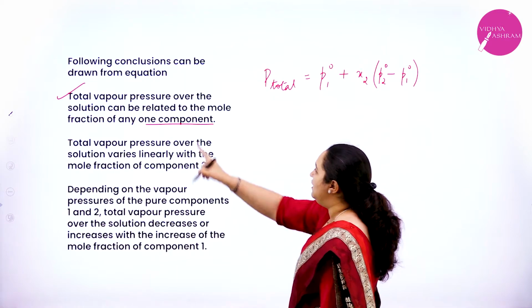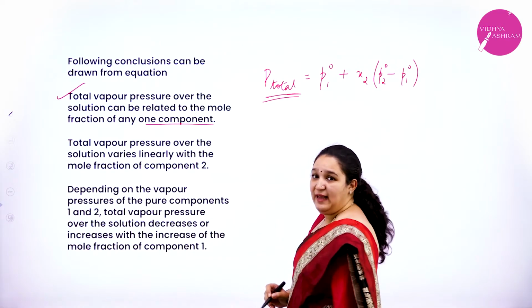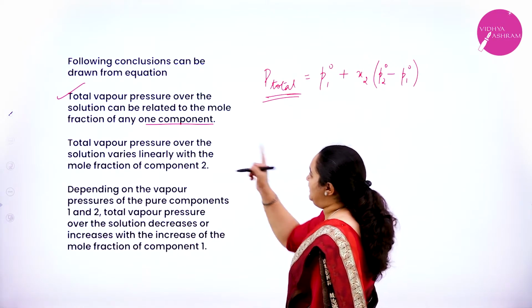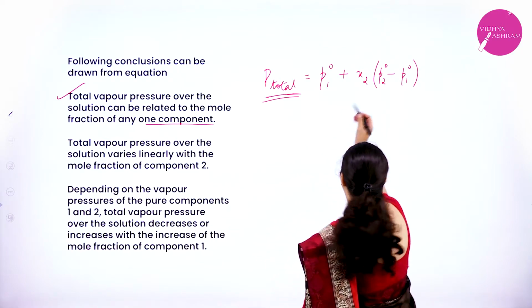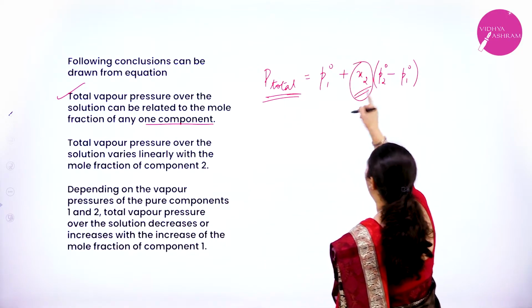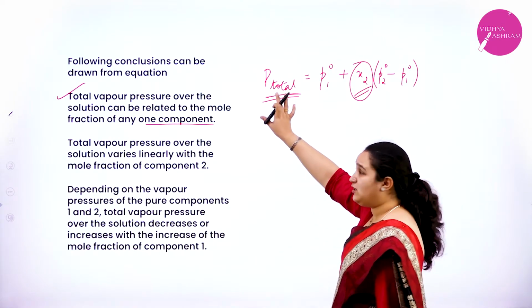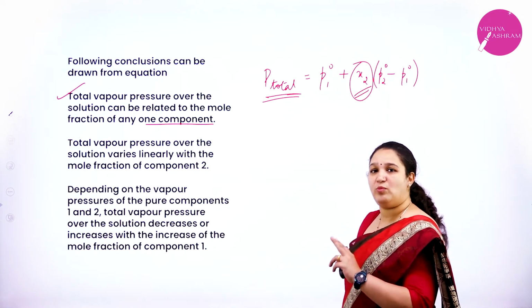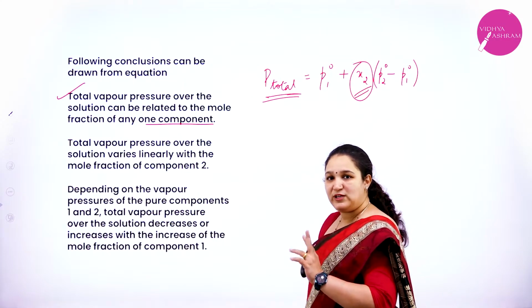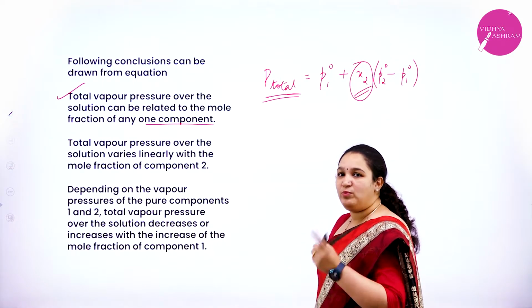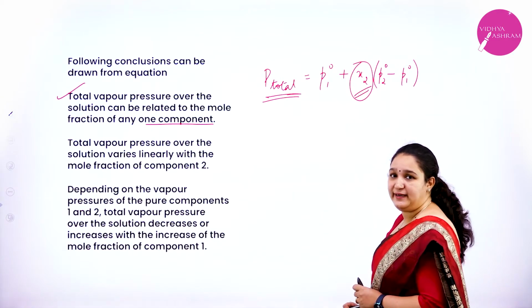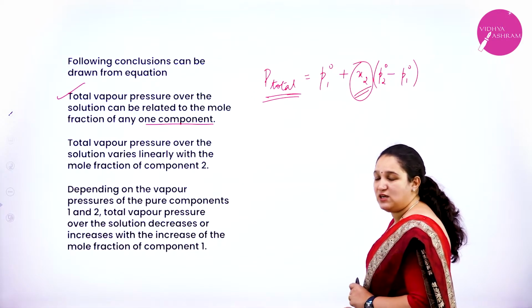So what they are telling is that the total pressure can be related to the mole fraction of any one component, correct? I have only x2 here. Do I have x1 here? No. So the total pressure is related to the mole fraction of any one component. I need not know the mole fractions of both components. If I know one component, I can write it. Correct? So that is the first conclusion.